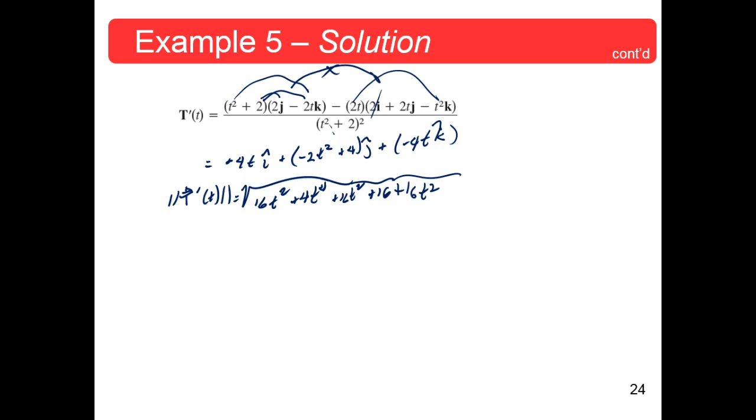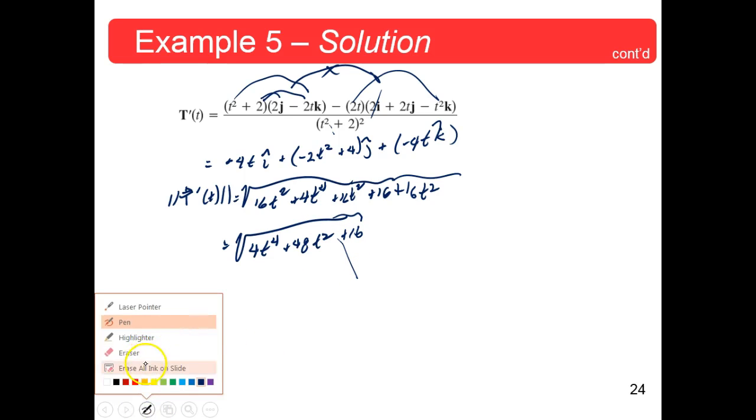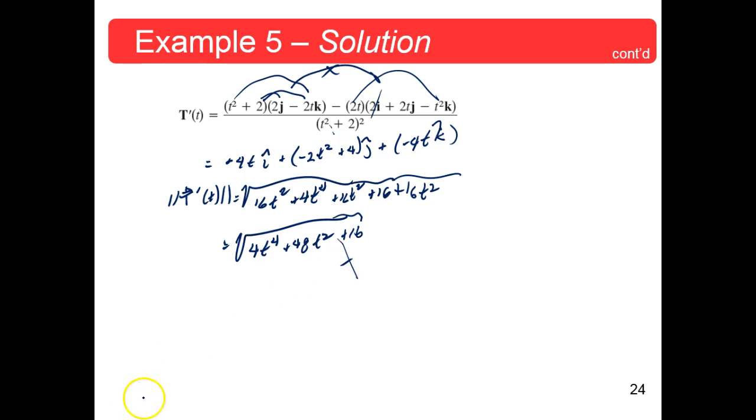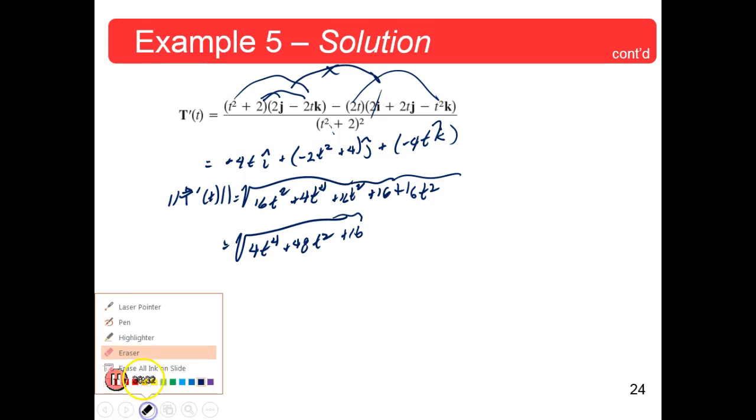So that would be the square root of 4t to the fourth plus 48t squared plus 16. Okay, sorry about that. My eraser's not picking up. There we go. Sorry, I seem to be losing my voice.